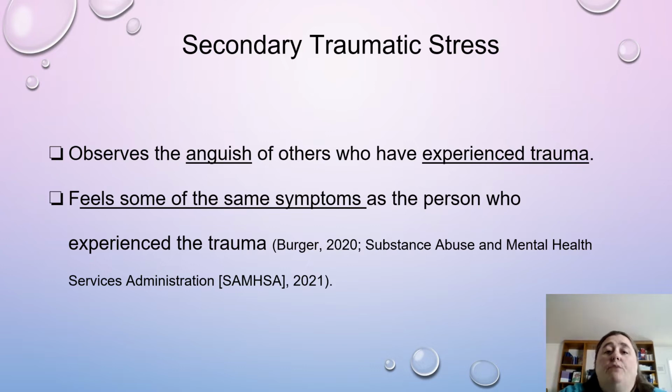Oftentimes, the caregiver or the practitioner begins to feel some of the same symptoms as the person who experienced the trauma. For example, after working with a veteran with combat-related post-traumatic stress disorder, or PTSD, the therapist may become anxious in crowded public places, similar to the experiences that the clients have shared with them.